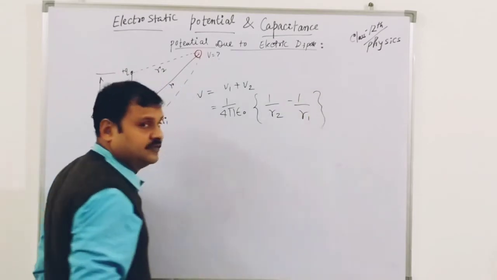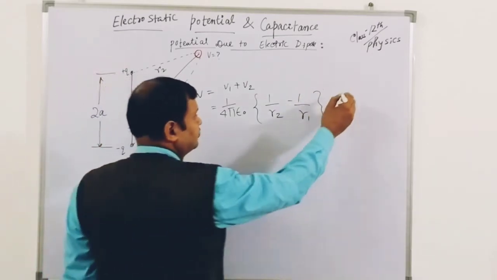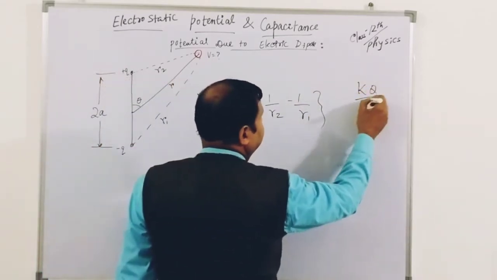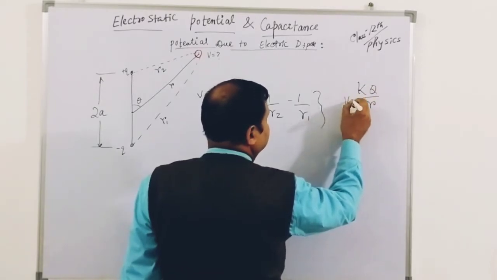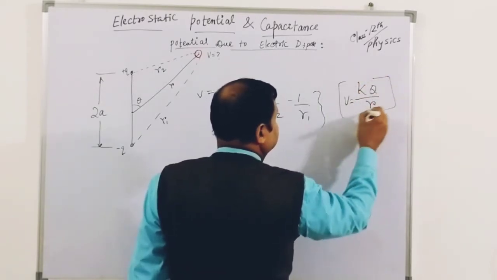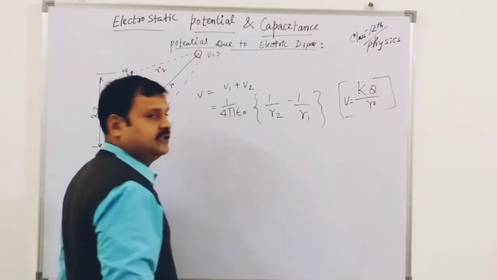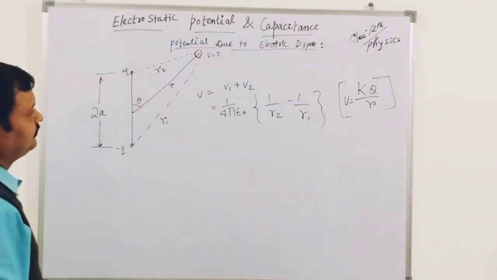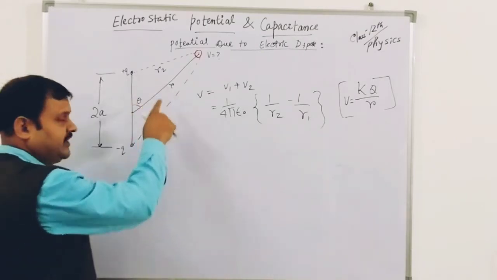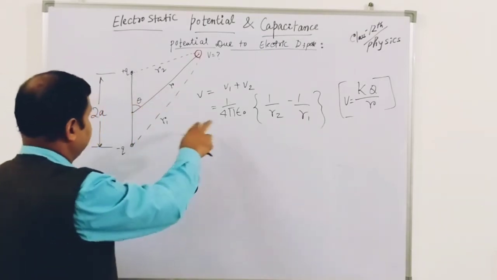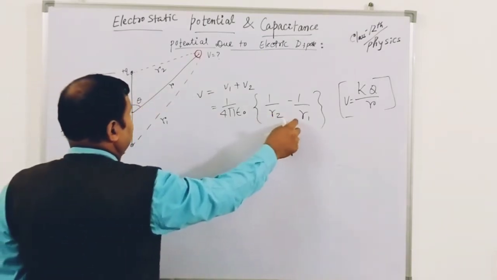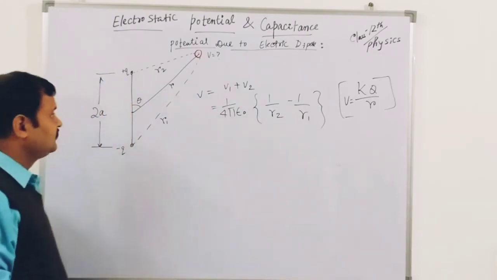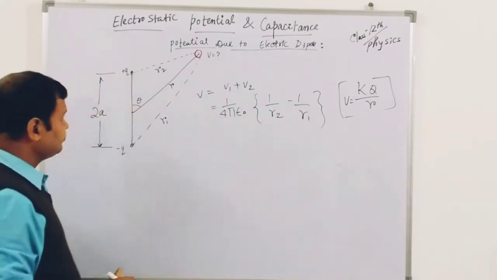As you earlier proved, potential is KQ by r. The only thing is that it is a trigonometric problem where you need to find r1 and r2 in terms of r, which make an angle of theta.